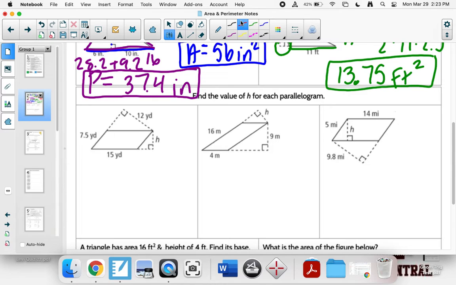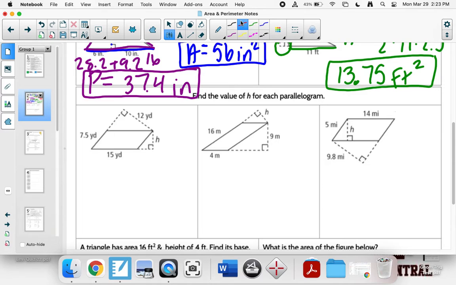So what we're gonna do is find the area, and then set up an equation to help find the height. You have two different bases and two different heights. No matter whether you think 15 is the base or 7.5 is the base, your area is still the same. The shape still takes up the same amount of room.